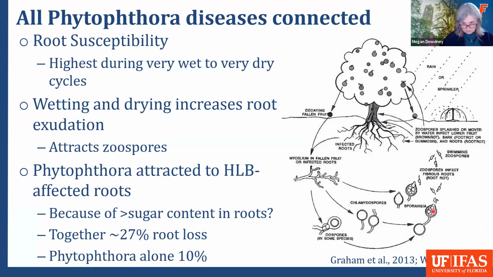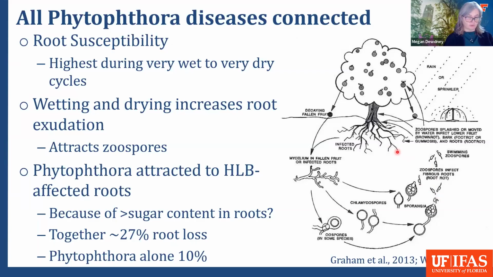That attracts the zoospores. So as the roots get stressed, they're trying to grab nutrients, they're putting out exudates. These guys are in tune to that. They start to head towards the roots in their little swimmy ways. Phytophthora is more attracted to HLB affected roots than regular roots, which is concerning.